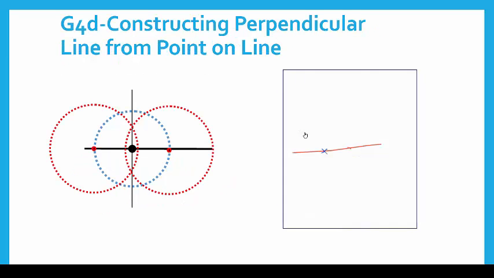Now we're going to construct a perpendicular line from a point on the line. Basically we're doing the same thing as last time, except we're starting out from the point on our line instead of the point off the line.